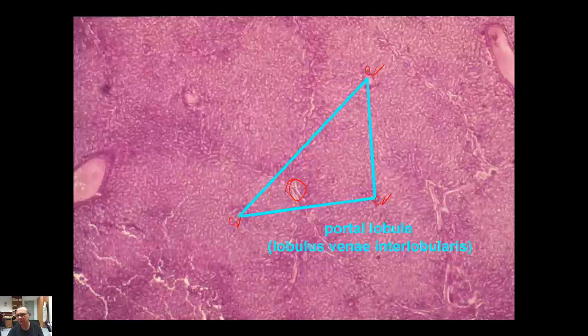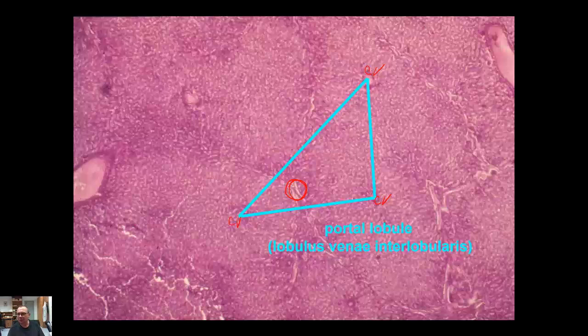In the center or near the center of a portal lobule must be a portal space. From the functional point of view, the portal lobule is very important. It is the area of liver parenchyme which is supplied by vessels from one portal space.